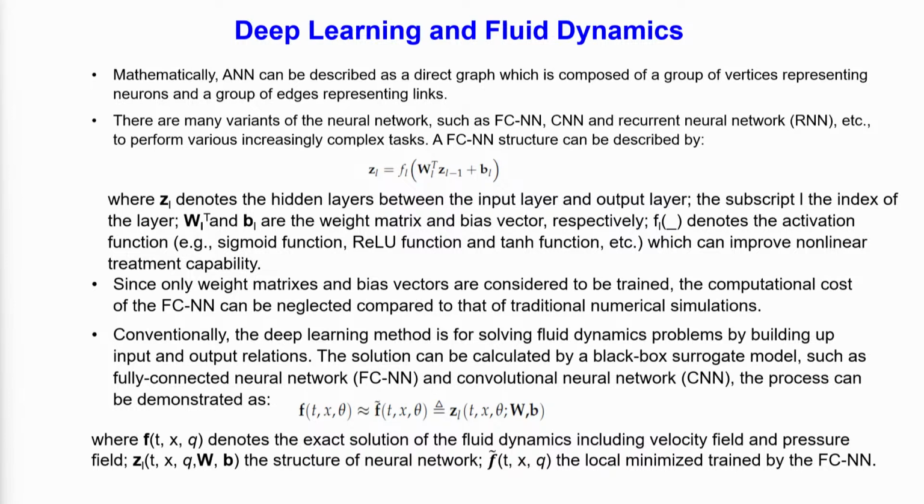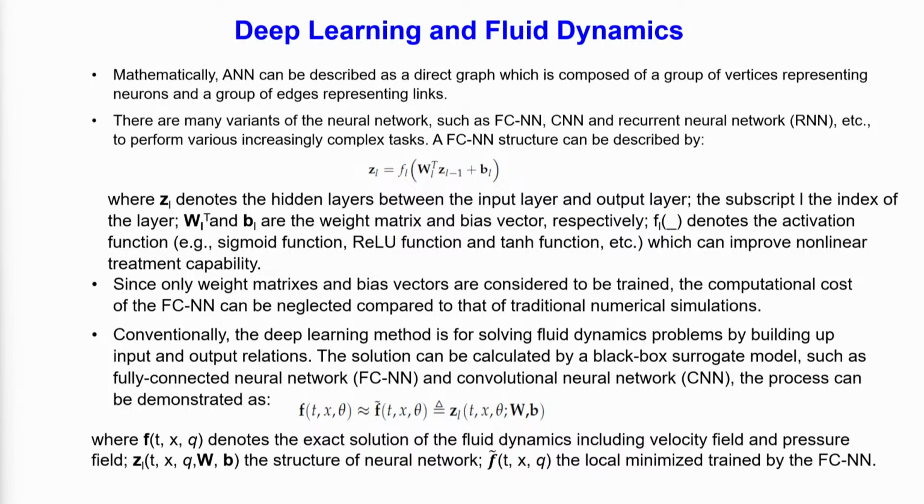So, the FL, which denotes the activation function, will make sure of how the new value of Z in this layer is mapped to the old one in the other layer, and typically you have different functions like sigmoid, ReLU and tanh, etc.